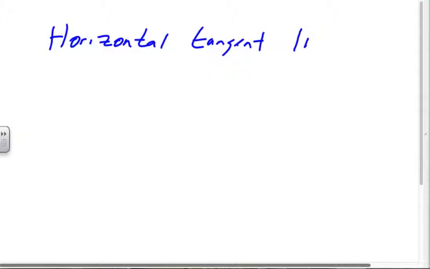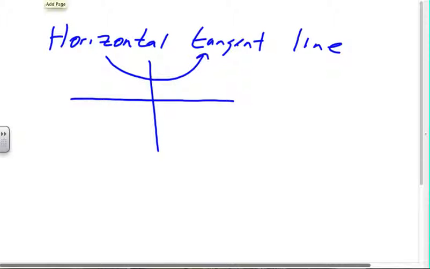Okay, the last thing is we're going to find locations where we have a horizontal tangent line. And let's just take a look at a visual example here. I've got a nice little parabola. So horizontal means going in this direction, all right?